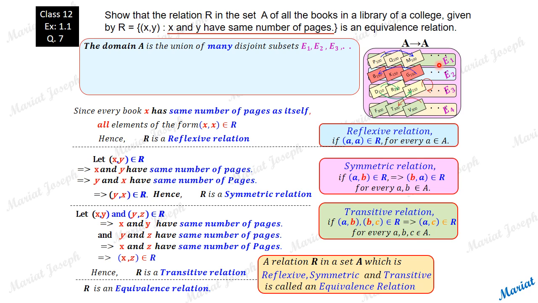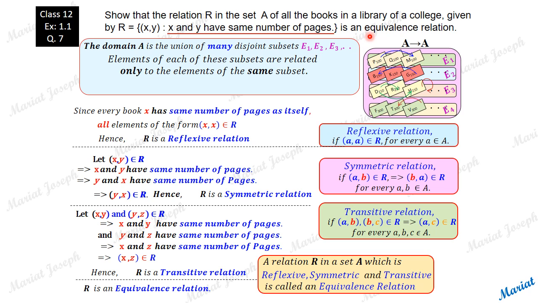Basically, each subset has books of the same number of pages. These subsets are disjoint also because no book will belong to two of them. No common element. That is why these subsets are disjoint subsets. And if you take the total union of all these subsets, the total union is the complete domain.